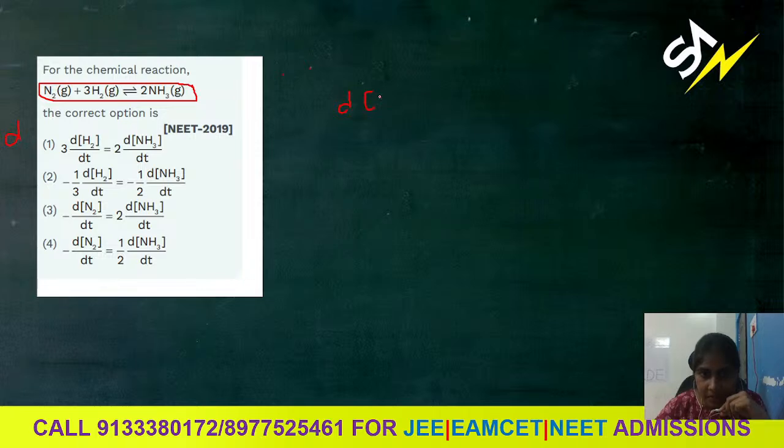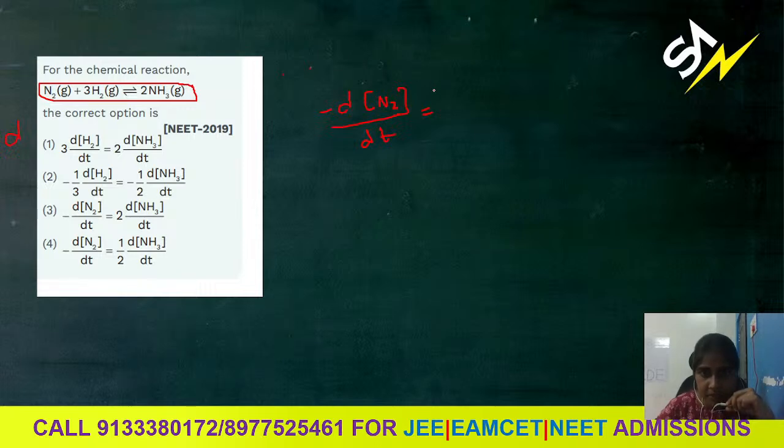d[N2]/dt. Since this is a reactant, it shows a negative sign. That is equal to the next, this is disappearance, so it is a negative sign, since the stoichiometric coefficient is taken in the denominator.